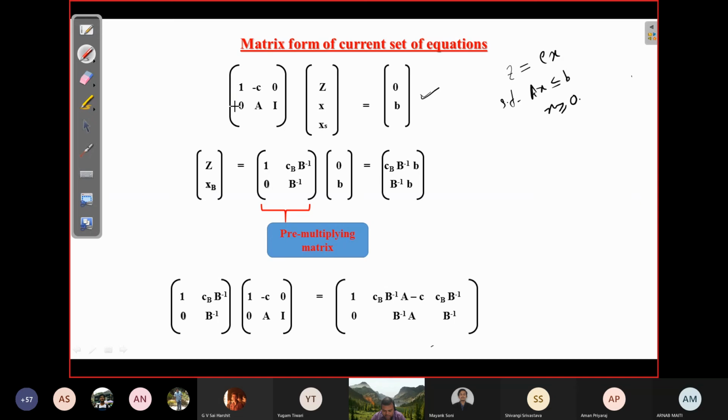So I have to pre-multiply the left hand side also with this matrix. Let us do that, because I want this on the right hand side. If we pre-multiply the left hand side with the same matrix, I get this form: 1, 0, C_B B inverse A minus C, C_B B inverse; 0, B inverse A and B inverse. So now what is the entire thing?